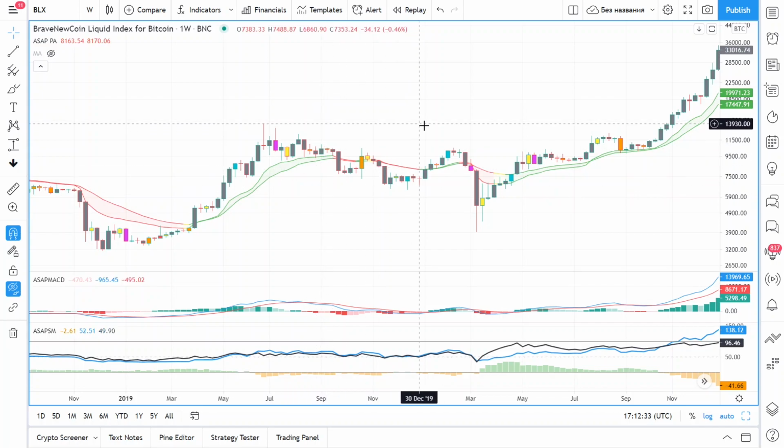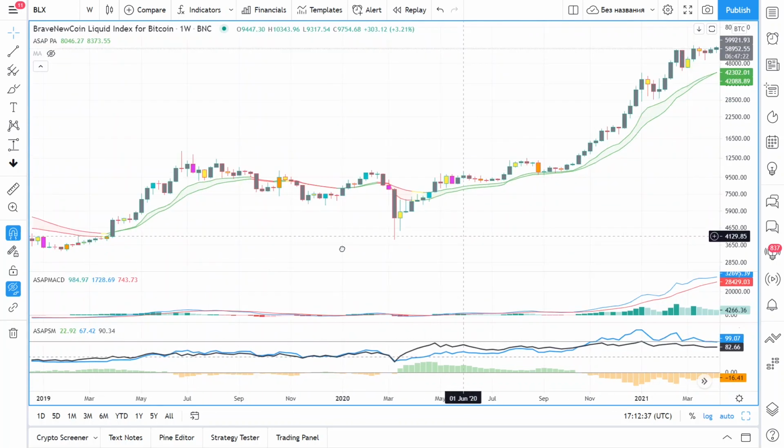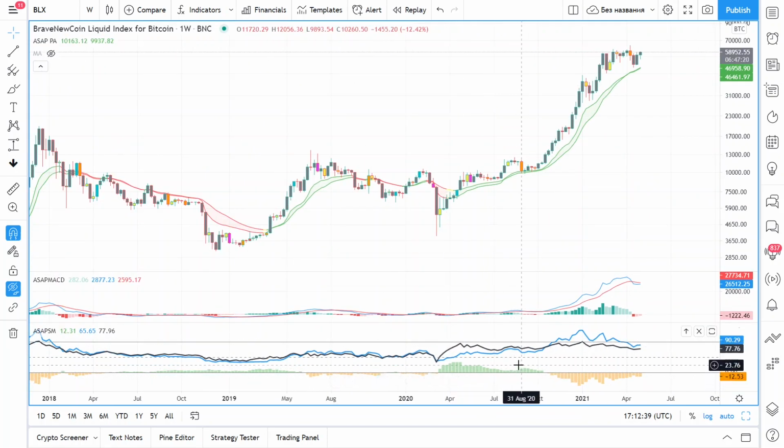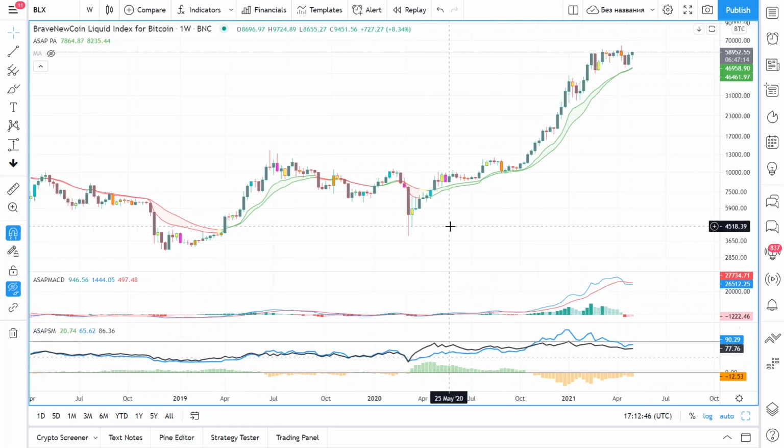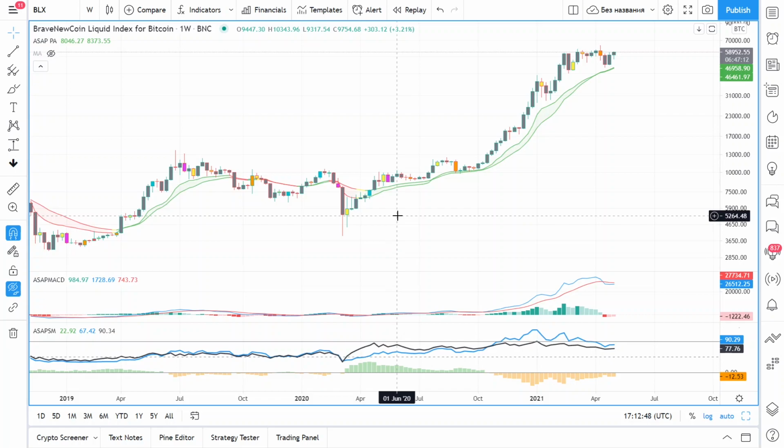And after a local top formed there, we had a correction, and here they come, the smart money, the big guys with the pockets. They dive in, they get that Bitcoin from 11K, almost 12K, to 5K.